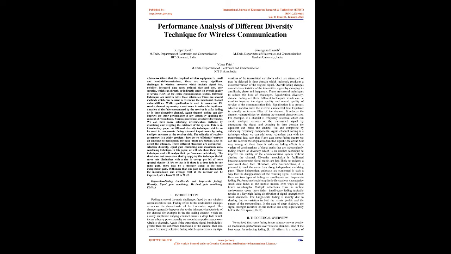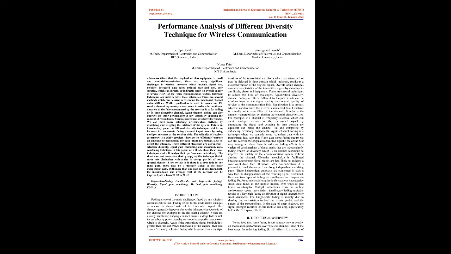Introduction. Fading is one of the main challenges faced by any wireless communication link. Fading refers to the undesirable changes that occur in the characteristics of the transmitted signal. These changes generally happen due to the inherent characteristics of the channel. For example, flat fading channels, which are usually amplitude varying channels, cause a deep fade which incurs a heavy power penalty on modulation performance over wireless channels.